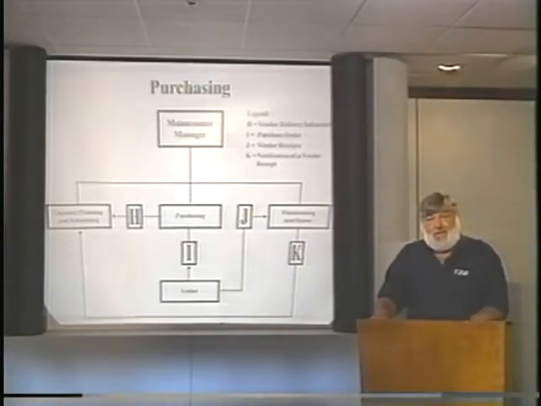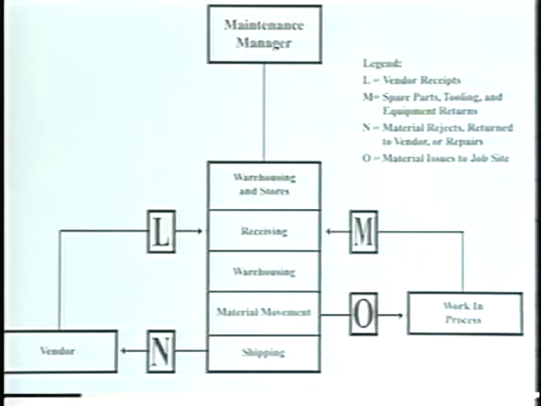Now, on the last page, page number 15, we're addressing the warehousing and stores activity, and actually that is integrated with all of the other 3 planning functions, but here we want to address its integration with the supplier in terms of receiving material, which is item L. N is returning material to the supplier. That could be an overage.